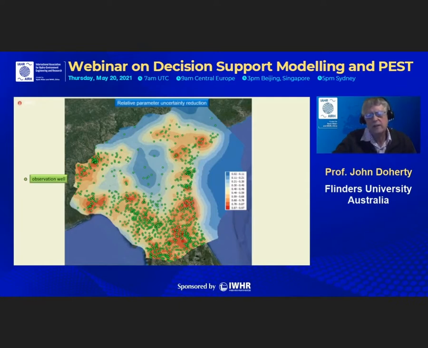But maps like this one in particular demonstrate to stakeholders that here is a very expensive calibrated model, but in some parts of the model domain, the uncertainty associated with parameters, and by implication predictions made in this part of the model domain, are going to be no less uncertain than if the model hadn't been calibrated at all, because the calibration data set isn't informing these parameters. And this allows people to see where uncertainties have been reduced and where they haven't been reduced.